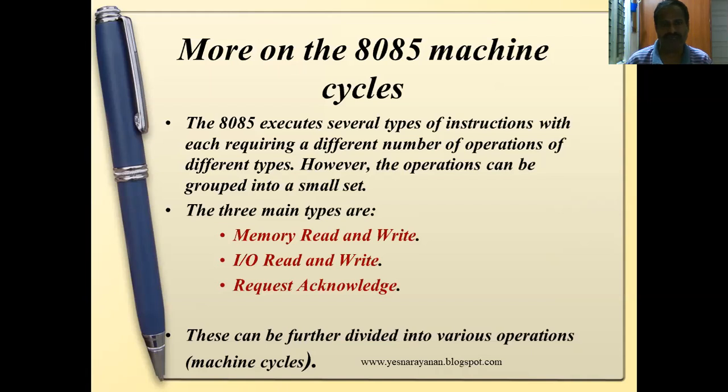The three main types are memory read and memory write, IO read and IO write, then interrupt request and acknowledge. These can be further divided into various operations or machine cycles.